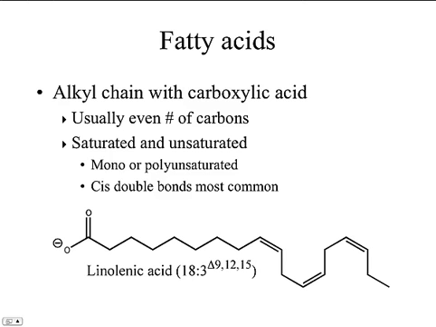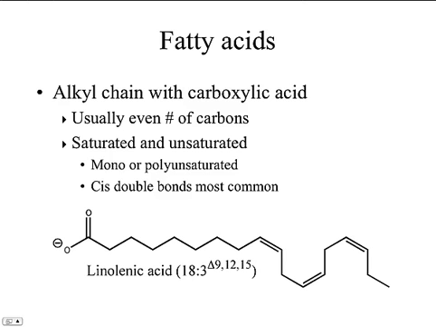So fatty acids are the most predominant lipid that we find in our bodies, as well as the lipid content of the food we eat is predominantly derived from the fatty acids. Basically, a fatty acid is a long chain carboxylic acid. Usually there is an even number of carbons in the fatty acid.